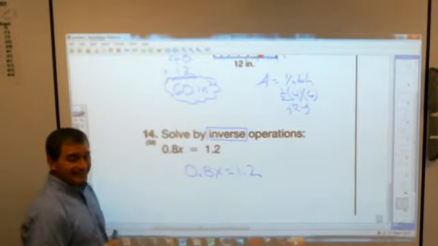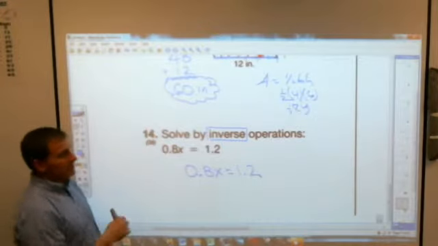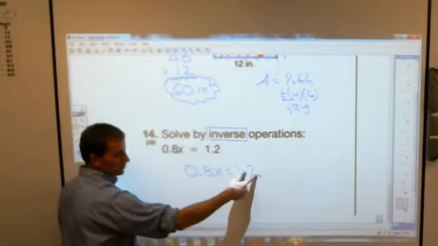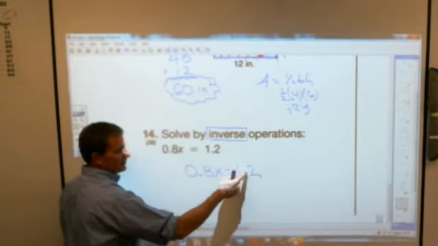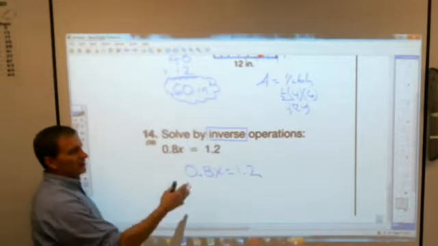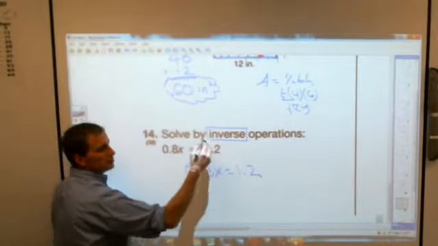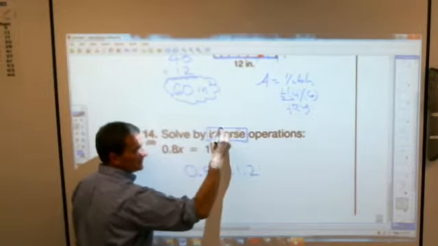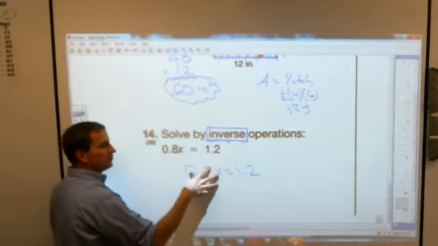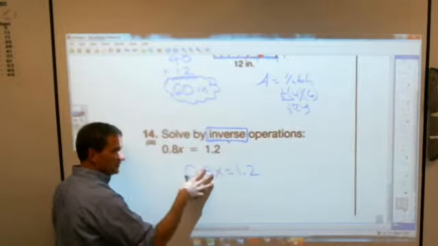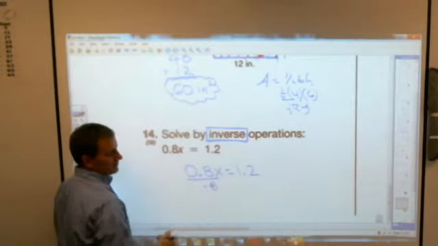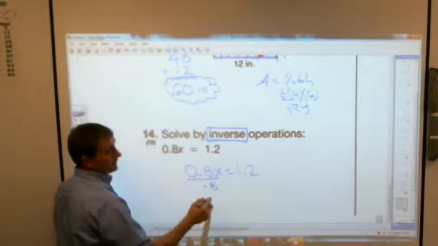If you were saying this out in English form, you would say 0.8 times x equals 1.2. To solve that, to get rid of the number in front of the x, you use its inverse operation, or the opposite of the operation it is. What's the opposite of multiplication? Division. And that's what the inverse operation is. So you are going to divide this by 0.8, because 0.8 divided by 0.8 is 1.